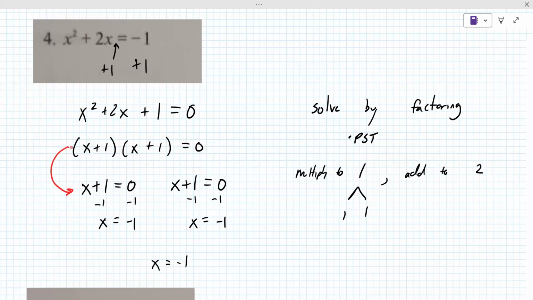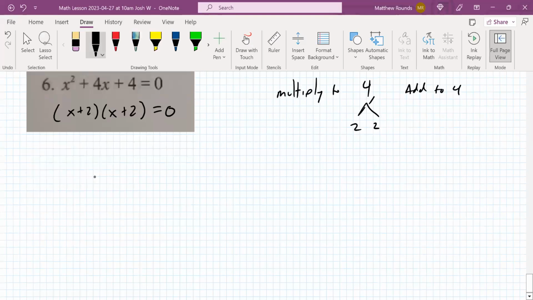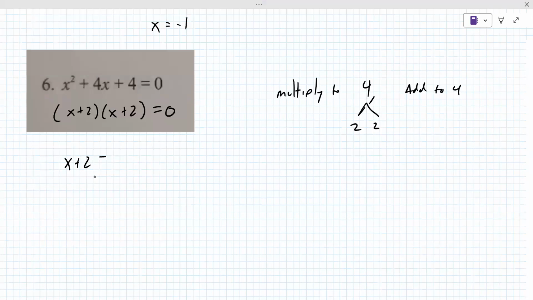What is that arrow pointing to? We removed the parentheses. And set it equal to? 0. Yes. So you can do the same thing here. You're going to remove the parentheses and set it equal to 0.